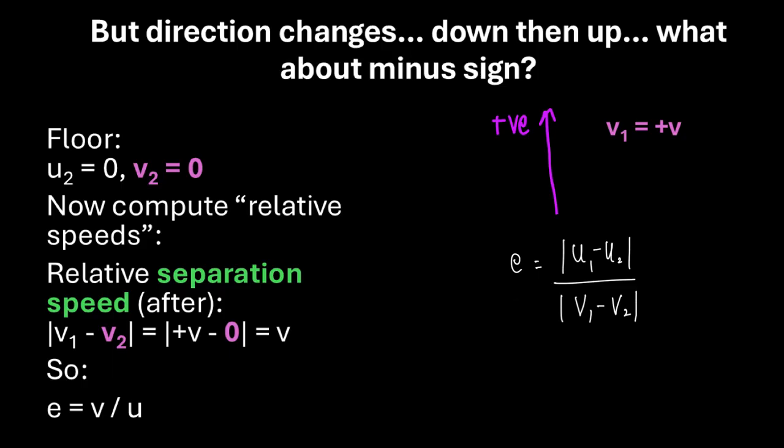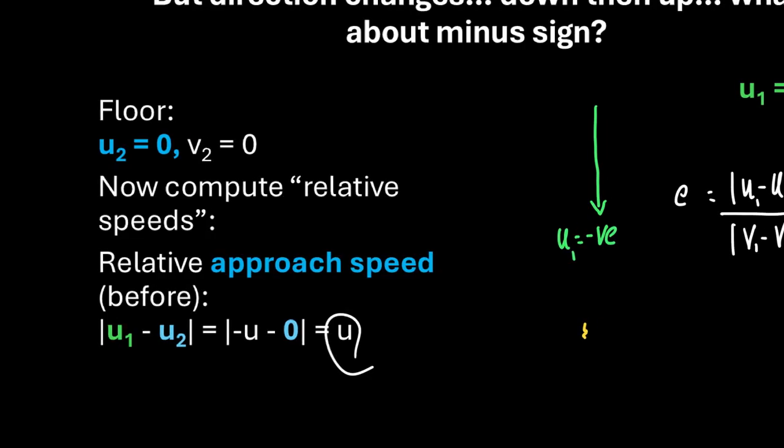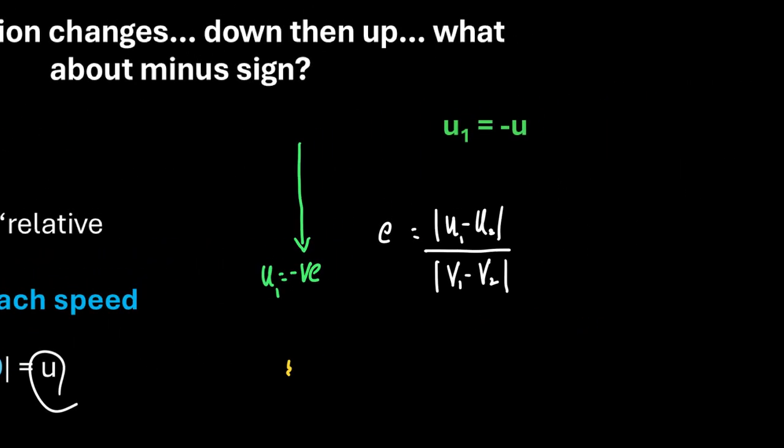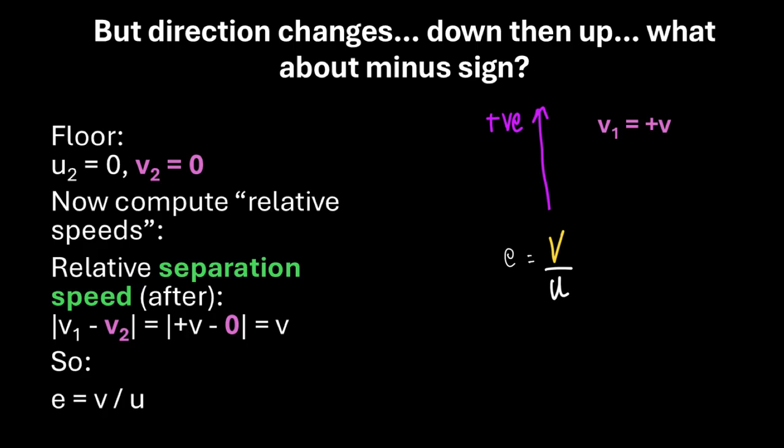So relative speed after separation is V, and relative speed before collision is U, which gives us e is equal to V by U.